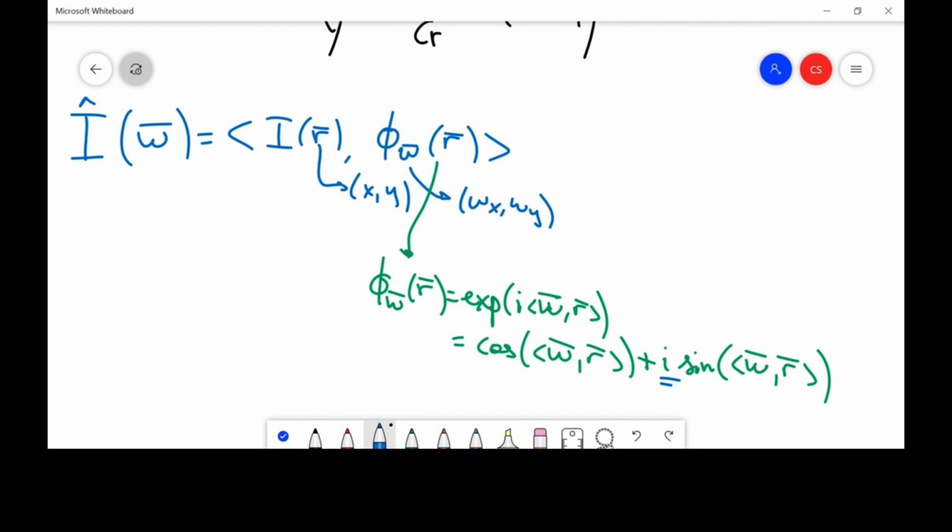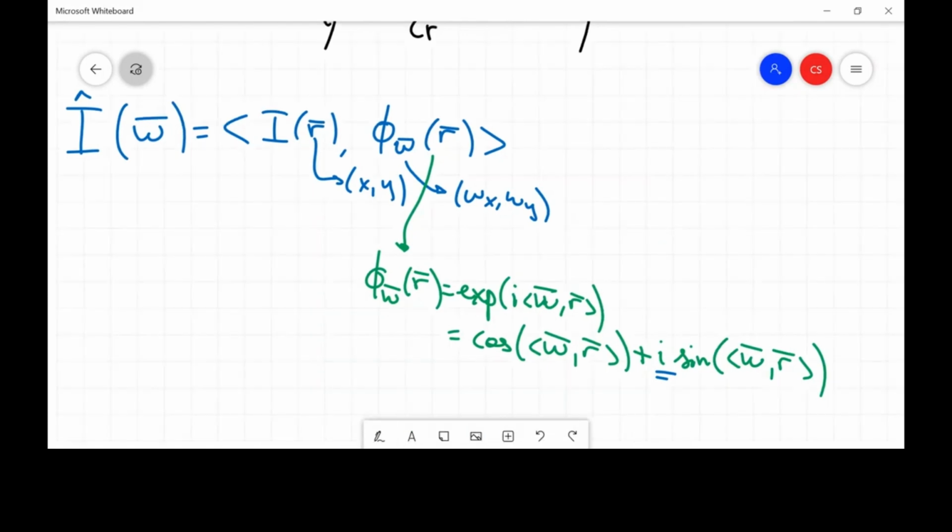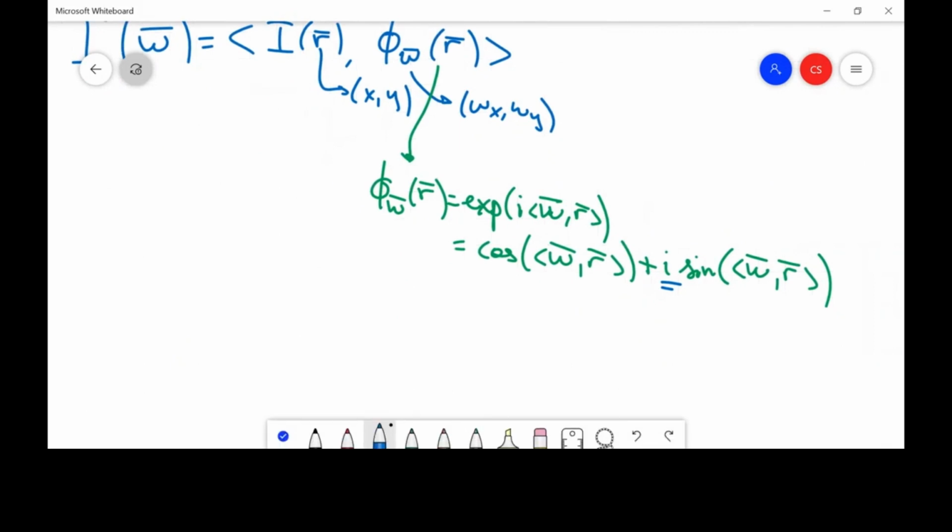Okay, so the discrete cosine transform is almost the same. Instead of using this complex exponential, we will use something that is more similar to just the cosine.